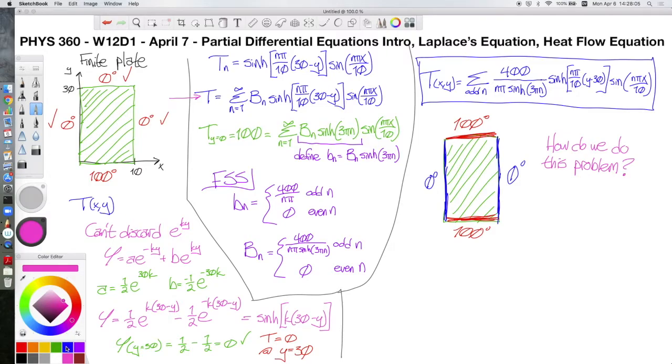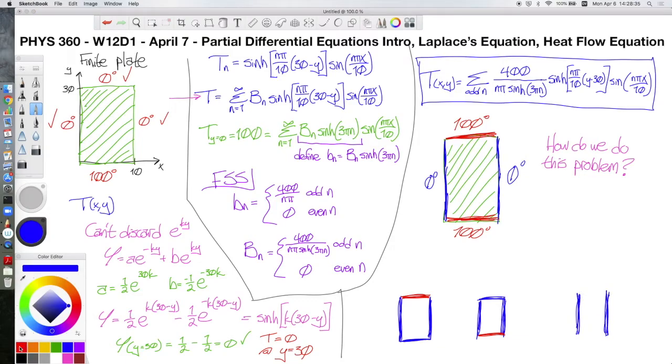So if we take the solution where the bottom and sides are held at 0 and the top is held at 100 degrees, and we add that to the solution where only the bottom is held at 100 degrees, we will get the solution that is the sum of these two scenarios.